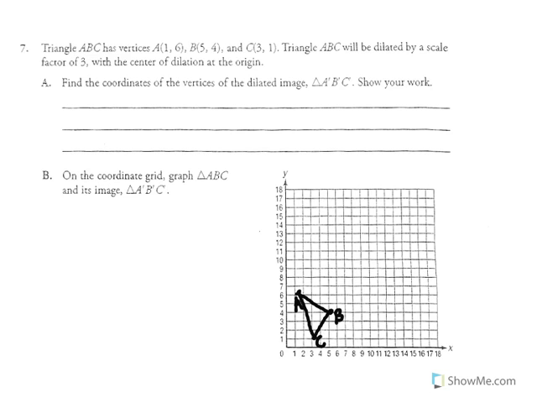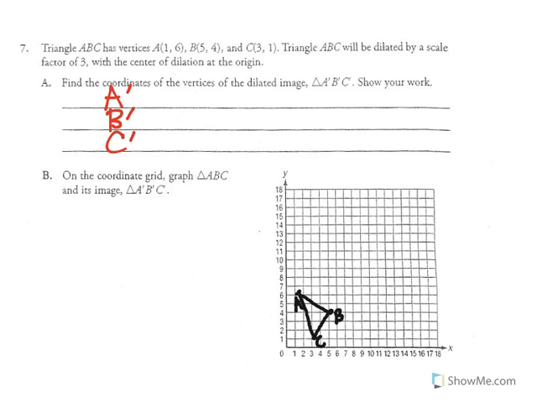Okay, number 7 says triangle ABC has vertices A 1, 6, B is 5, 4, C is 3, 1. Triangle ABC will be dilated by a scale factor of 3 with the center of dilation at the origin. Find the coordinates of the vertices of the dilated image. Show your work. Okay, so I went ahead and plotted my coordinates that were up here. Okay, so those are my original coordinates. Now I need to find my new coordinates.